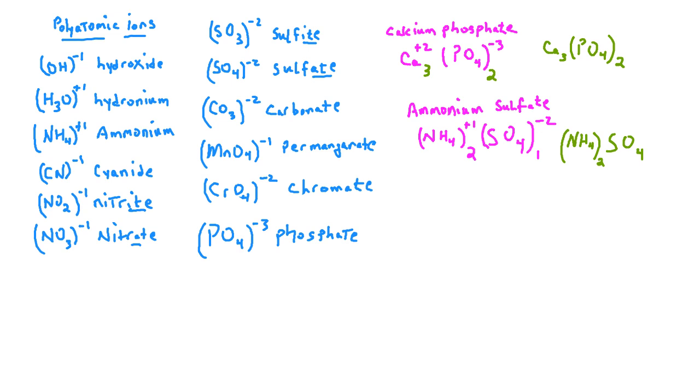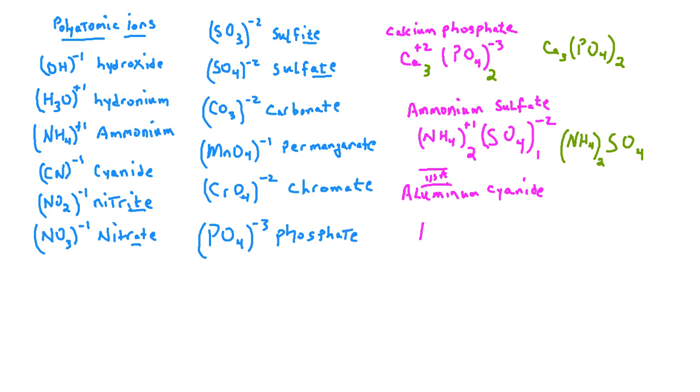Okay, suppose I want aluminum cyanide. Well, aluminum is in group 3A. 1, 2, 3A. So aluminum wants to give away 3 electrons, so it wants to be +3.